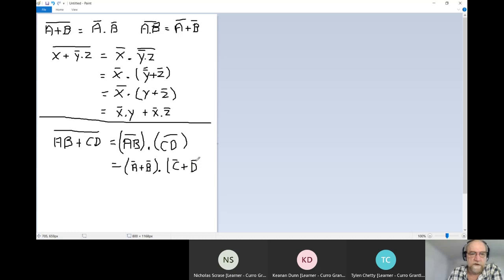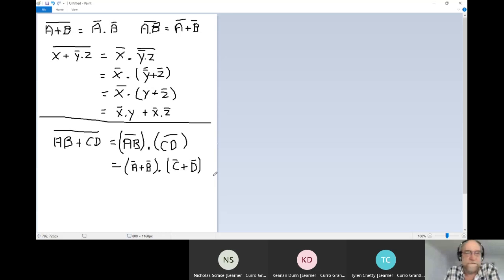I broke the line, changed the sign. There you go, problem done. It's about as simple as you can get it in that format. So example 8 was actually even easier than example 7. We just keep using De Morgan until we can't use it anymore.